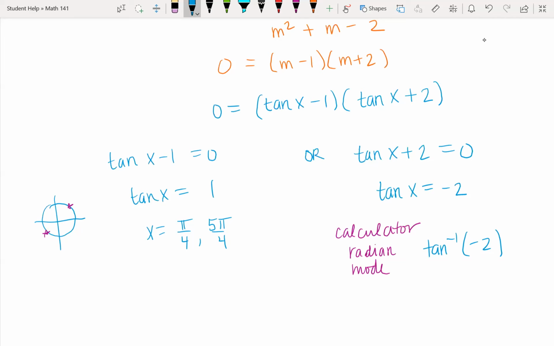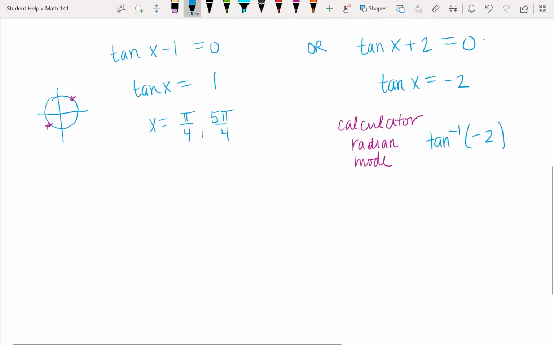Oops, I'm not in radian mode. Hang on, give me a second. I'm getting -1.1071. But I need to add 2 pi to get this to be in the positive range.